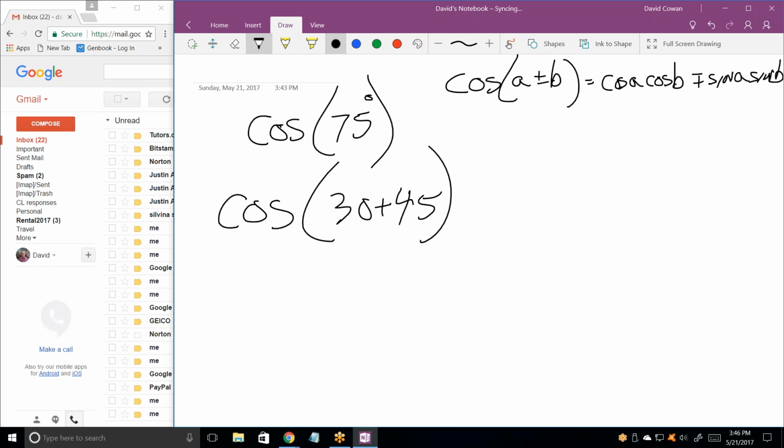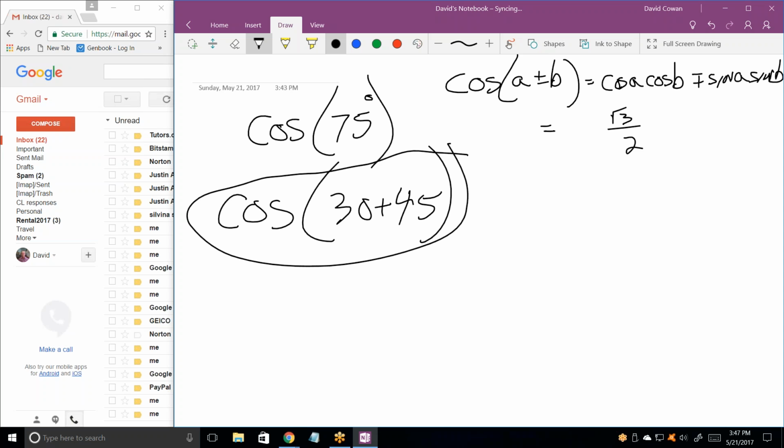Okay, let's plug it in. So what's cosine of 30? Cosine of 30 is the x movement, root 3 over 2. Cosine of 45 is root 2 over 2.